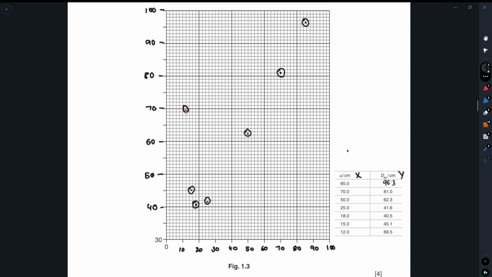So first your line goes like this, and then goes like that. Hmm. It's weird, but it is what it is.